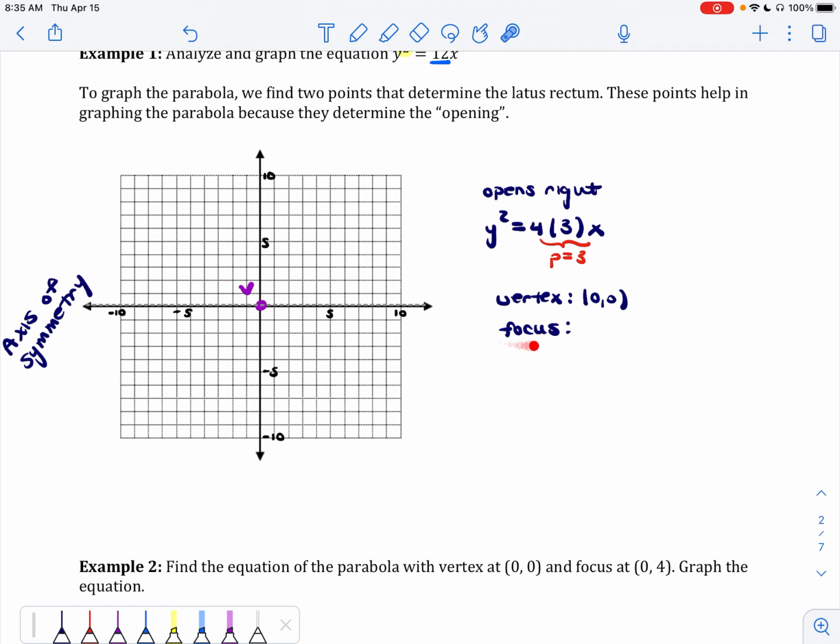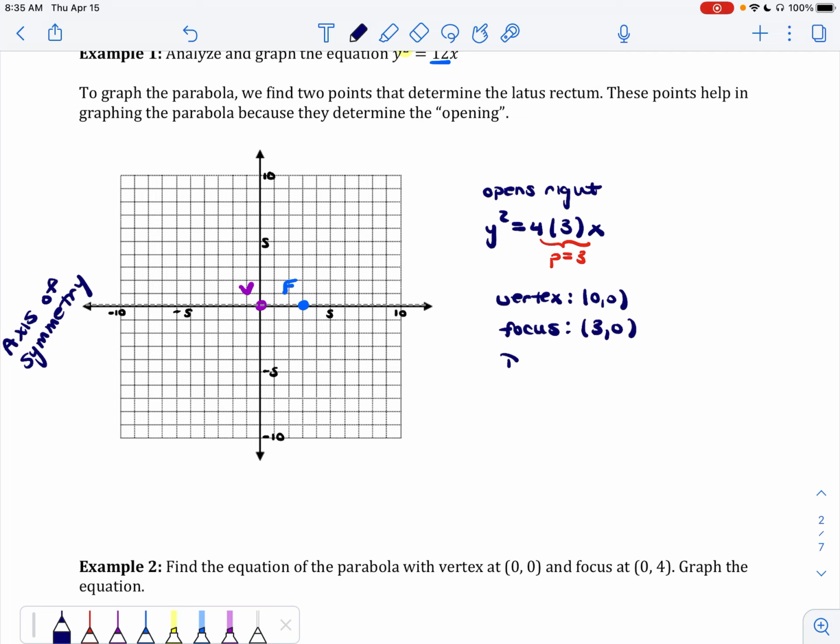And the focus is always going to be in the same direction that the parabola is opening. So if we start at our vertex, we're going to go 3 units to the right, and that's going to be our focus. Starting at the vertex, go 1, 2, 3 units right, and that gives us the focus. So that is at the point 3, 0.